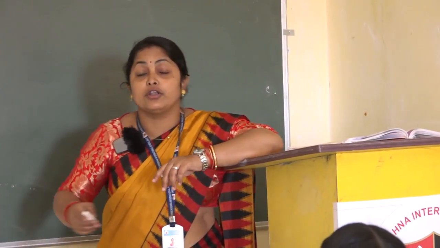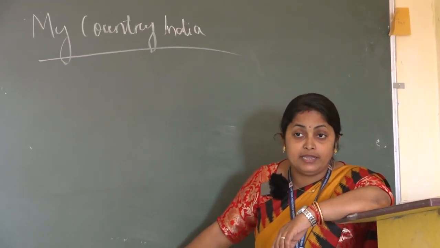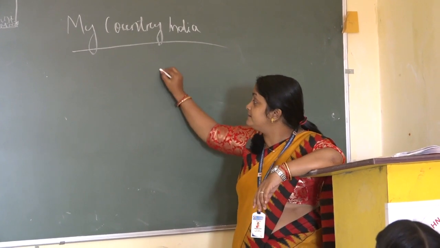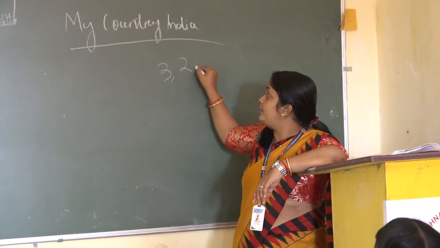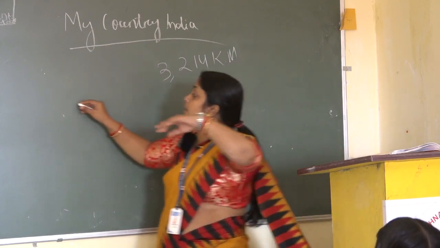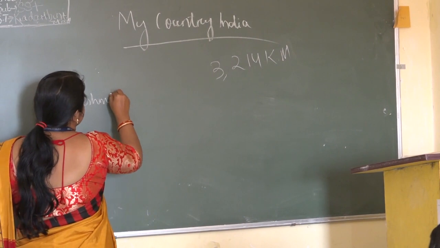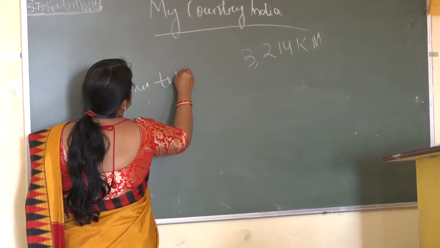And the total distance from north to south is 3,214 kilometers, from Kashmir in the north to Kanyakumari in the south.